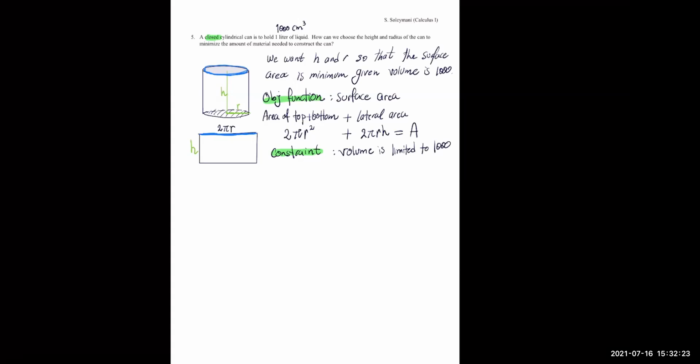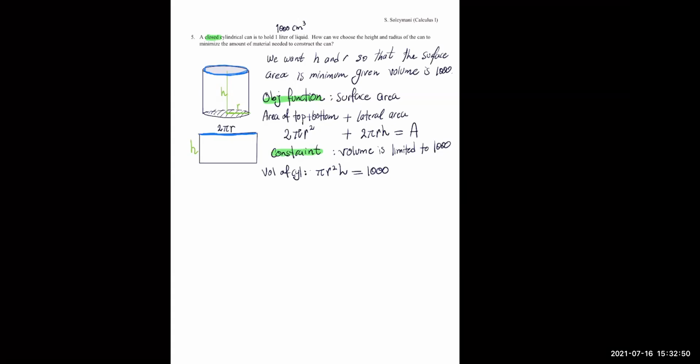So volume of the cylinder is pi r squared h. Again, this is the volume of cylinder. Pi r squared h must equal 1,000. That's our constraint.